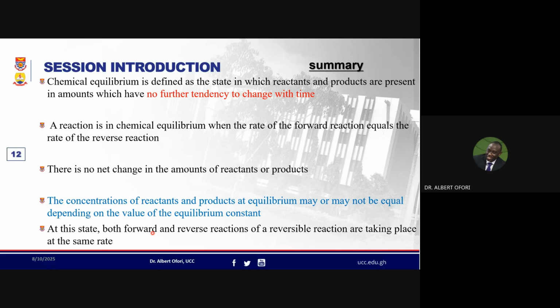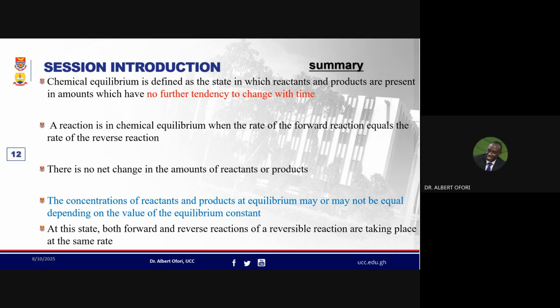The concentrations will be equal, depending on the value of the constant. This is what I've tried to establish. I also mentioned that chemical equilibrium is dynamic in nature, only that we don't see it, except when we extend it to the physical realm, or physical equilibrium. That's where we can see that it's dynamic. But chemical equilibrium is also dynamic.